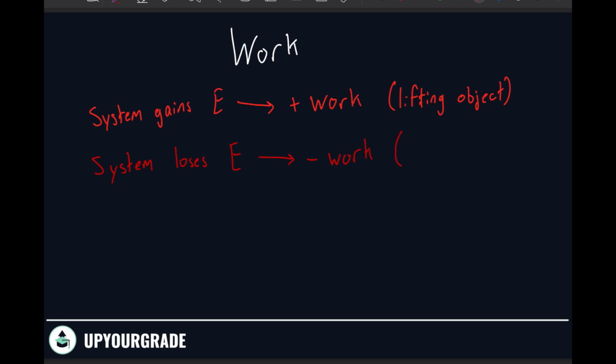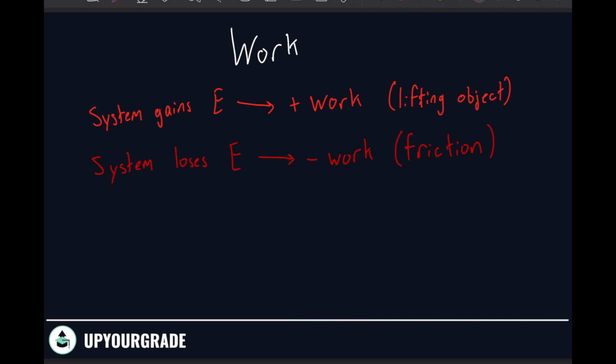So for example, friction does negative work on a system because friction will cause the system to lose energy. If we have an object that's sliding on the ground, it currently has kinetic energy because it's in motion. But as it moves, it's going to eventually slow down and lose that speed because of friction. So friction is causing the system to lose energy, in this case kinetic energy.